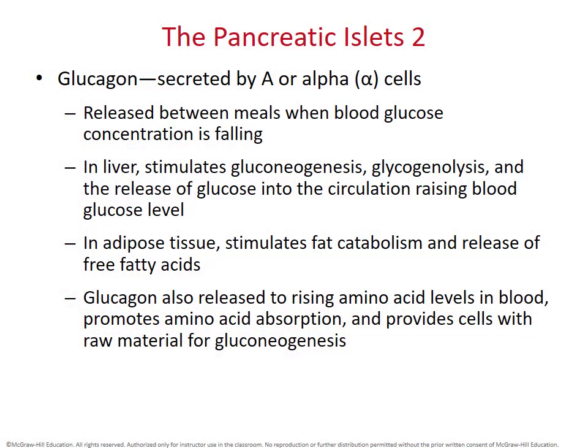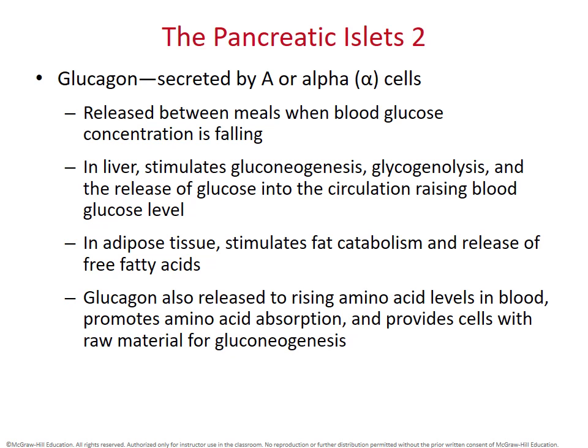Now again, there are these different cells, and they do produce different hormones. So the alpha cells, for instance, produce a type of hormone called glucagon. Glucagon essentially has the opposite effect of insulin, and so glucagon tends to cause the release of glucose into circulation.